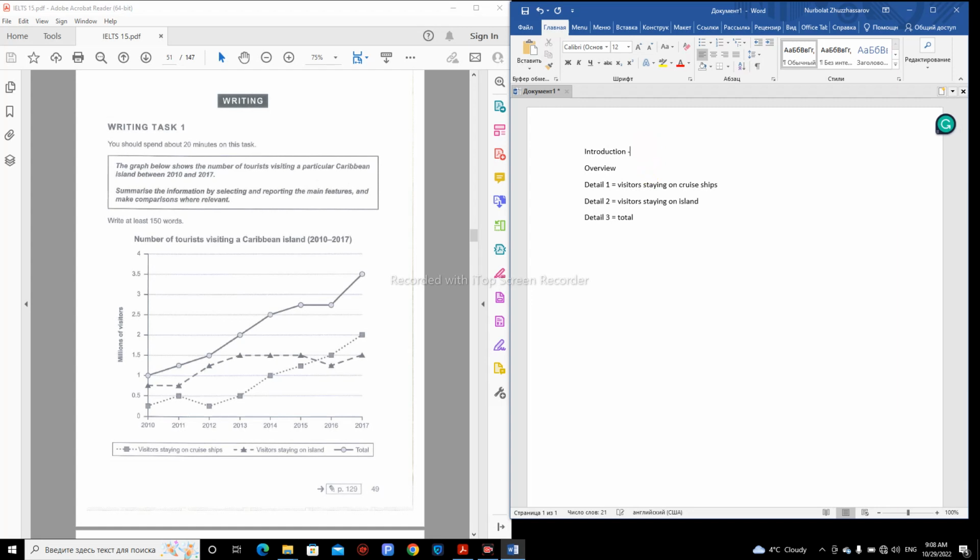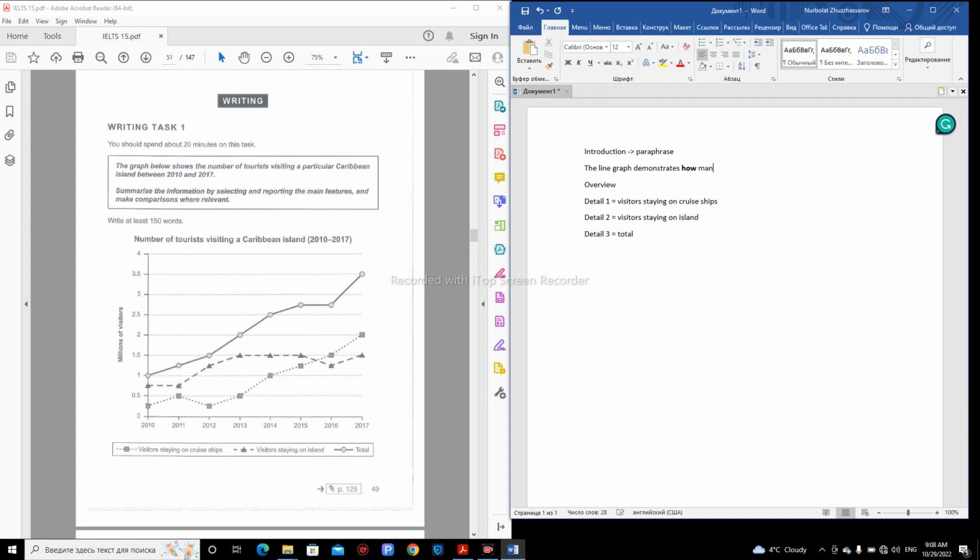Introduction, it's simple. We just need to paraphrase the question. In this case, you can say the line graph or the chart line graph. You can say depicts, demonstrates, illustrates, shows. We have shows already here, so I can pick one. Yeah, demonstrates, for example. And there is one thing, this word is actually a hack. You can use the word how.